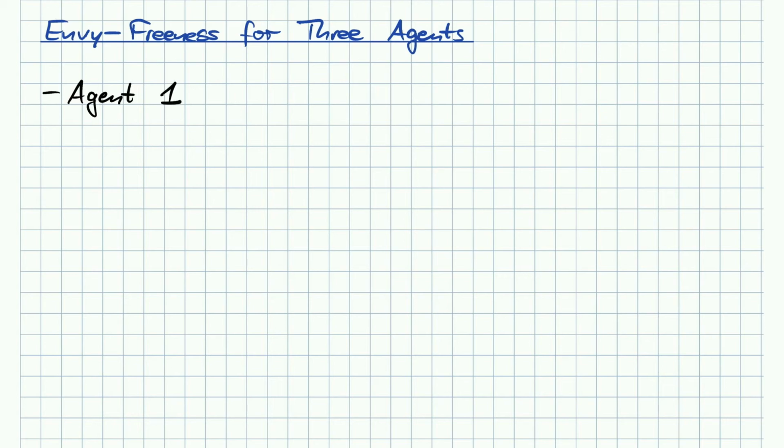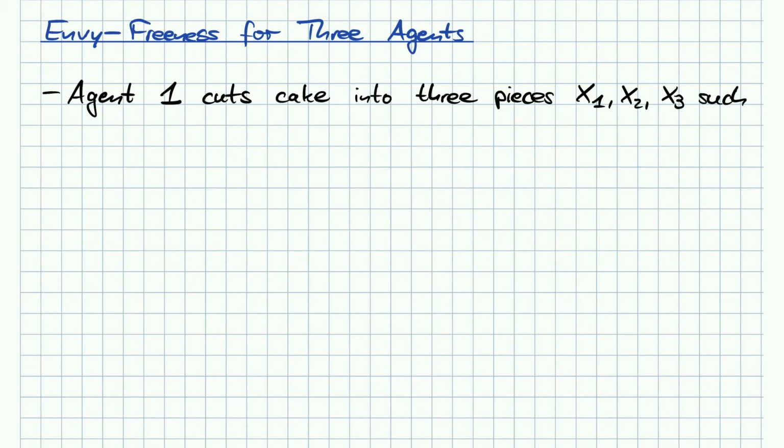Agent 1 cuts the cake into 3 pieces x1, x2, x3, such that agent 1 has the same value for each of them.